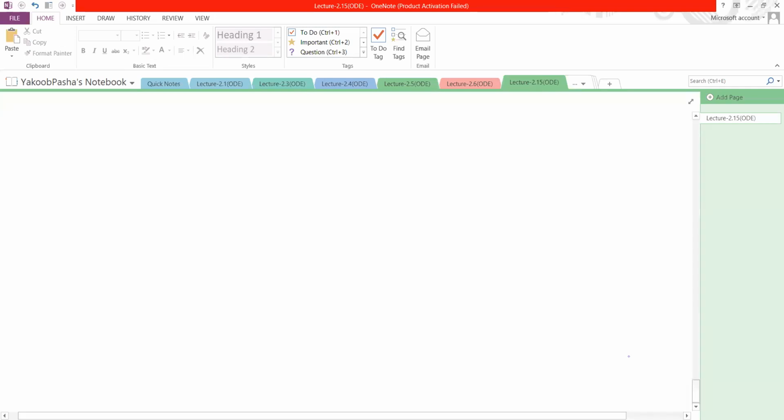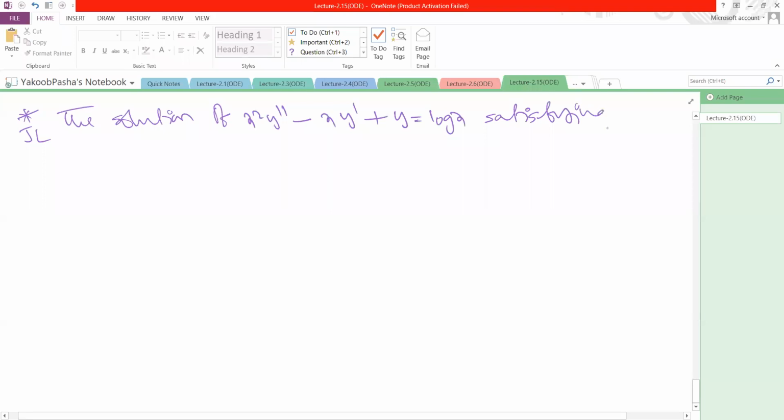The solution of x square into y double dash minus x into y dash plus y is equal to log x, satisfying that y of 1 is equal to y dash of 1 is equal to 0, is.